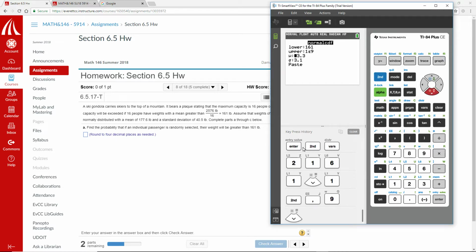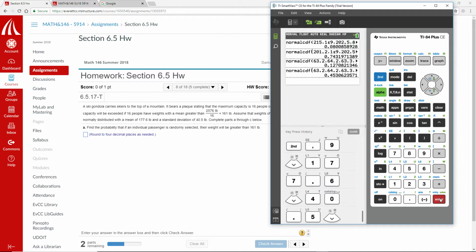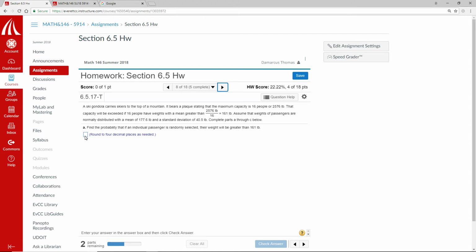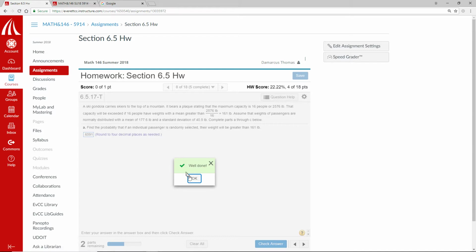And then our mean is 177.6, and our deviation is 40.5. And what did we get? If we round it to 4 places, we're going to get 0.6591 should be good.